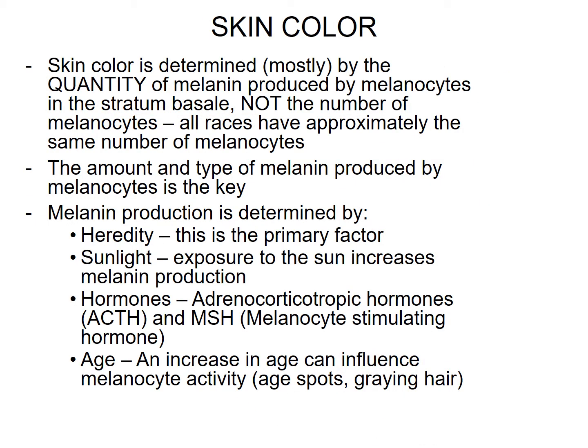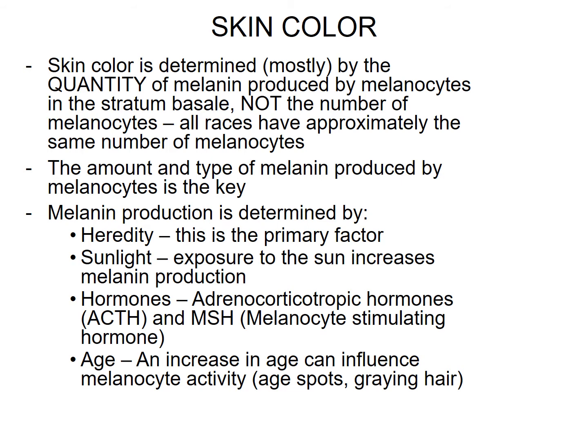Next, we'll talk about skin color, and skin color is determined by melanin. Remember that pigment from the melanocytes, but it's not how many melanocytes you have. Whether you have light skin or dark skin, it doesn't matter. Everybody on Earth pretty much has the same amount of melanocytes. It's the quantity, how much melanin you're spitting out, right?